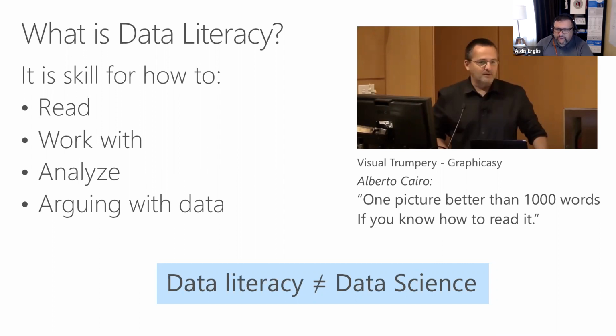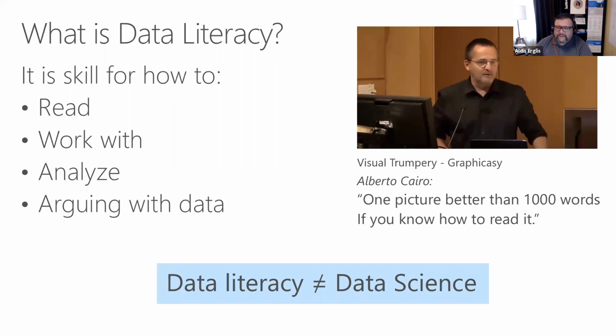One of the important persons for this story is Alberto Cairo. We will give you some resources provided by him. He's a data visualizer, so he works with data, and I would say he is one of the exemplar data literate persons.